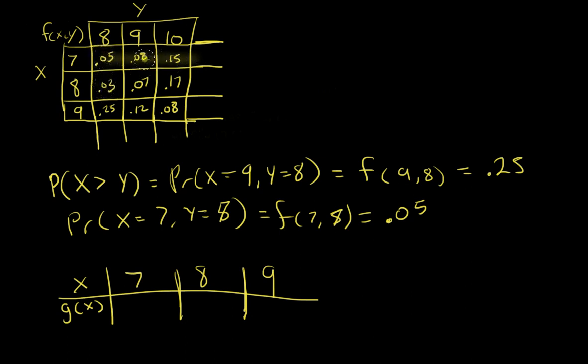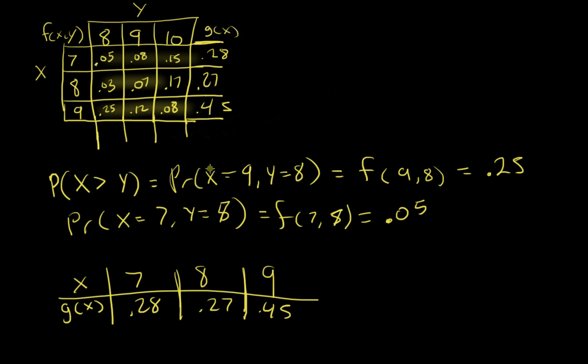So 0.05 plus 0.08 plus 0.15, that is 0.28. Okay, and then again, add this way. This is 0.27. And lastly, for the last row, we have 0.45. Okay, so this is 0.28, 0.27, 0.45, right? So this is g of x right here.